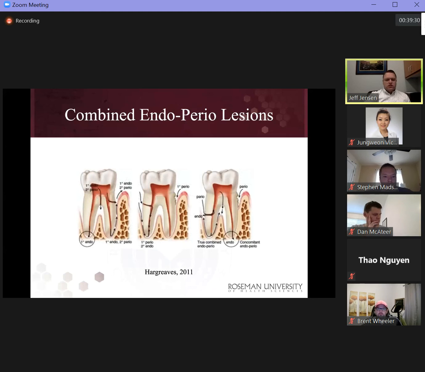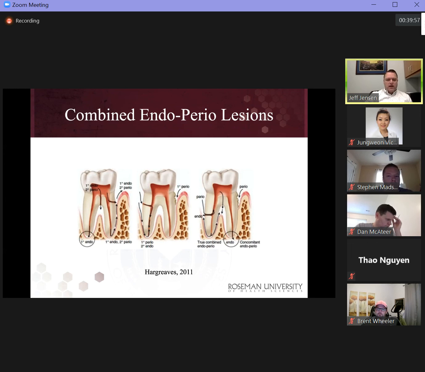So this is just a little picture of these things. On the left, you can see a primary endodontic lesion. So you've got the left root of that molar, essentially the lesion coming out the apex of the tooth. Next to that, you have primary endo and secondary perio.